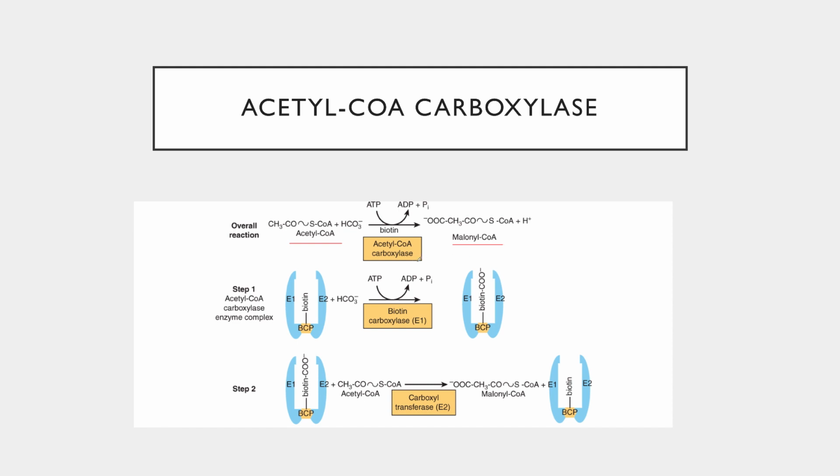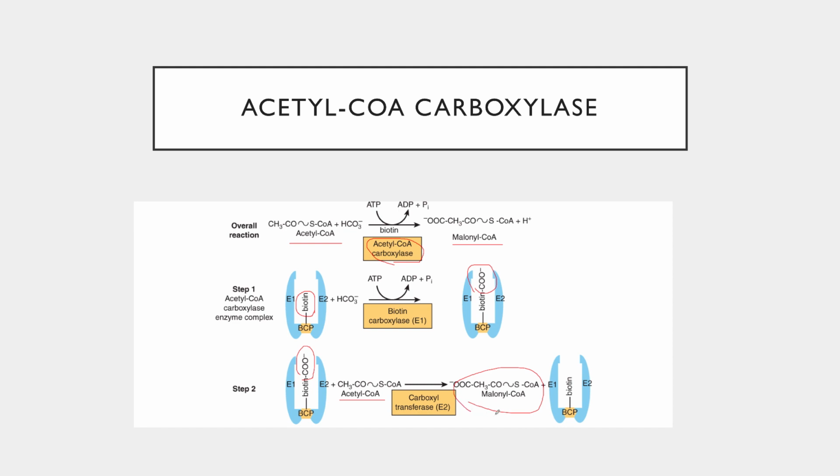The enzyme involved, acetyl-CoA carboxylase, is also our regulatory enzyme. In addition to being the regulatory enzyme, it also requires biotin as a cofactor for this two-step reaction. Initially, in step 1, biotin is carboxylated, and in step 2, the acetyl-CoA is added to this bound carboxyl group and ultimately released to form malonyl-CoA.